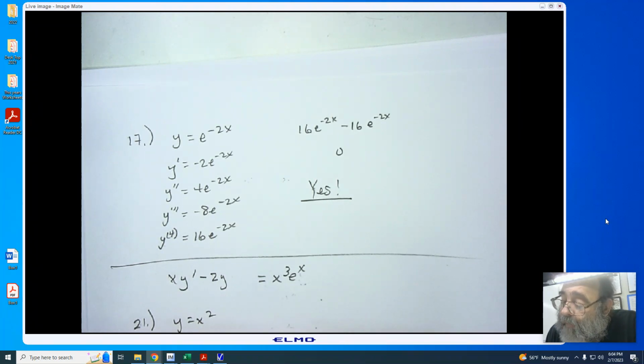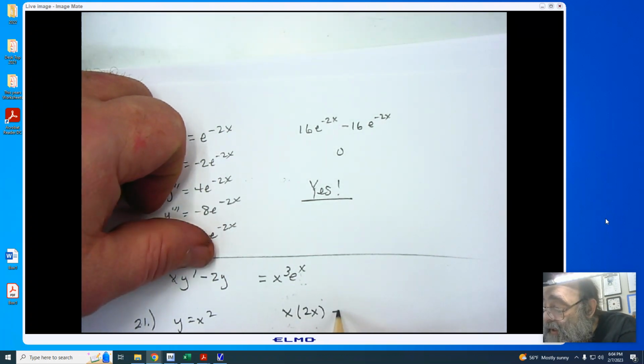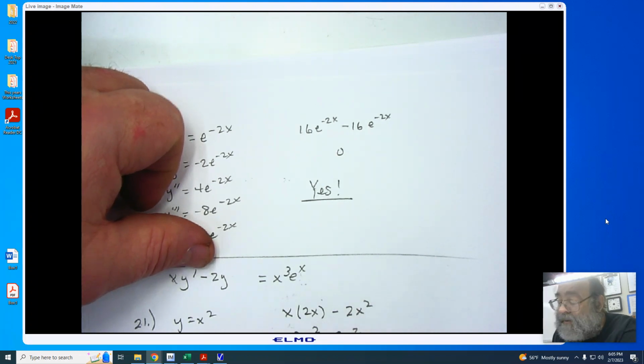Y prime is therefore 2x. And when I put this in, I end up with x times 2x minus 2 times y, which is x squared, is giving me 2x squared minus 2x squared, and that's 0. So the answer is no, it is not going to equal x cubed e to the x.